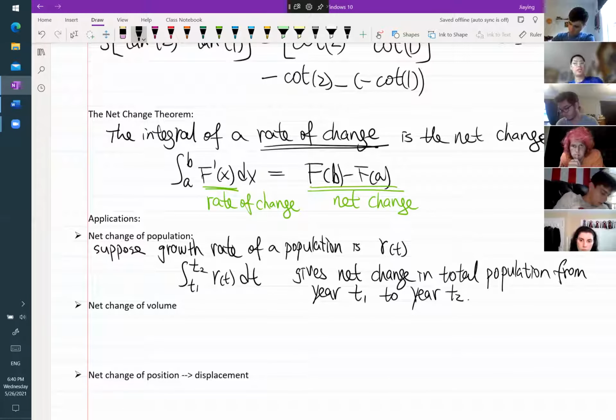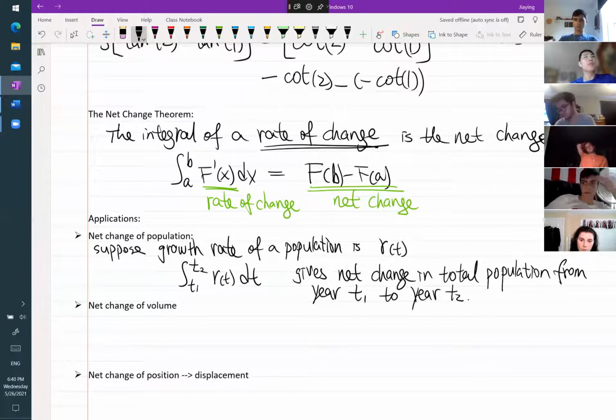That's what that expression says. Here R of T is the growth rate. It could be 5% of the population every year, and T1 is the beginning year and T2 is the final year. If you want to know how much the population increased or decreased, the net change will be given by this integral.